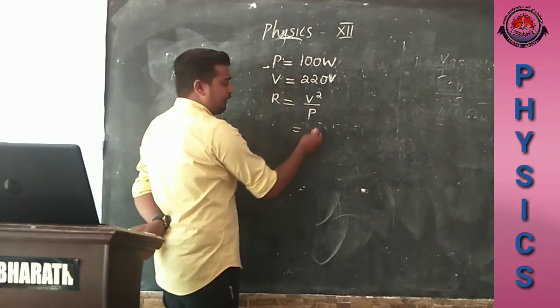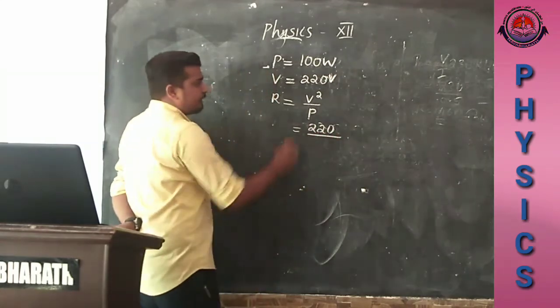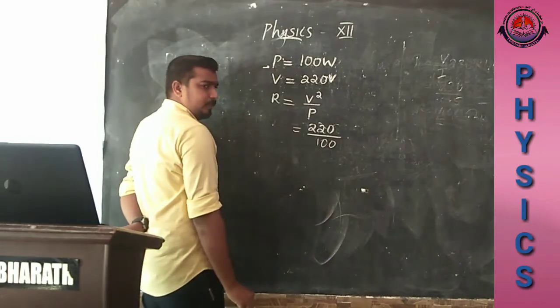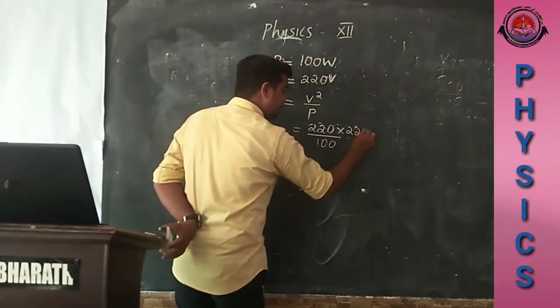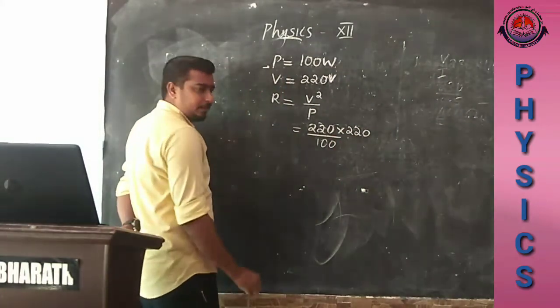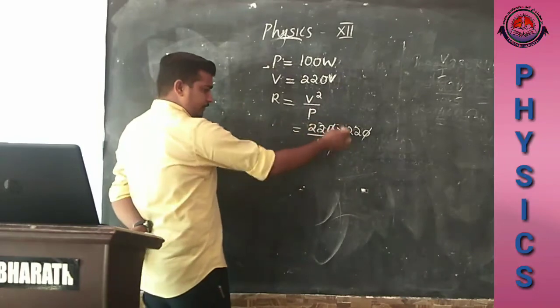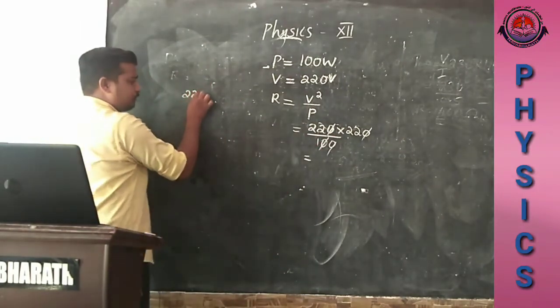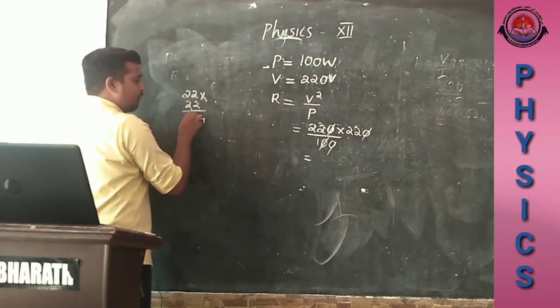Here, what is the value of V? 220, divided by P, which is 100. Here this is 220 square, that is 220 into 220 divided by 100. The 0, 0 cancelled. 22 into 22. What is 22 into 22?